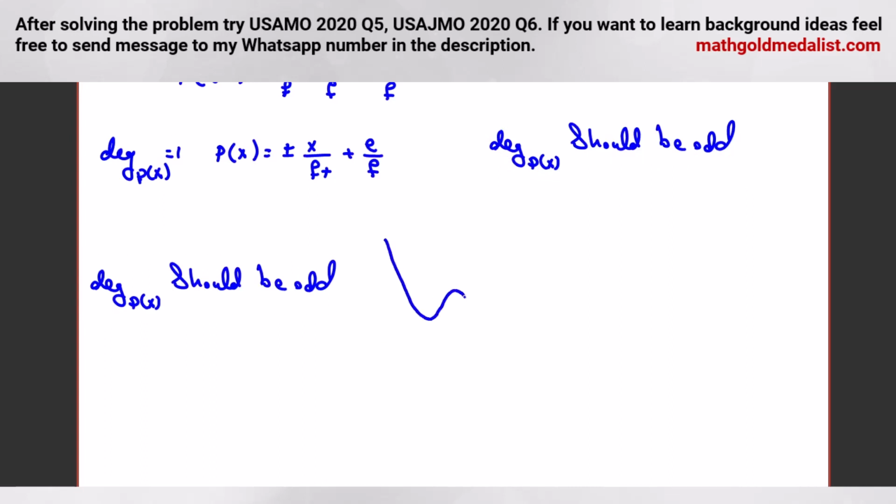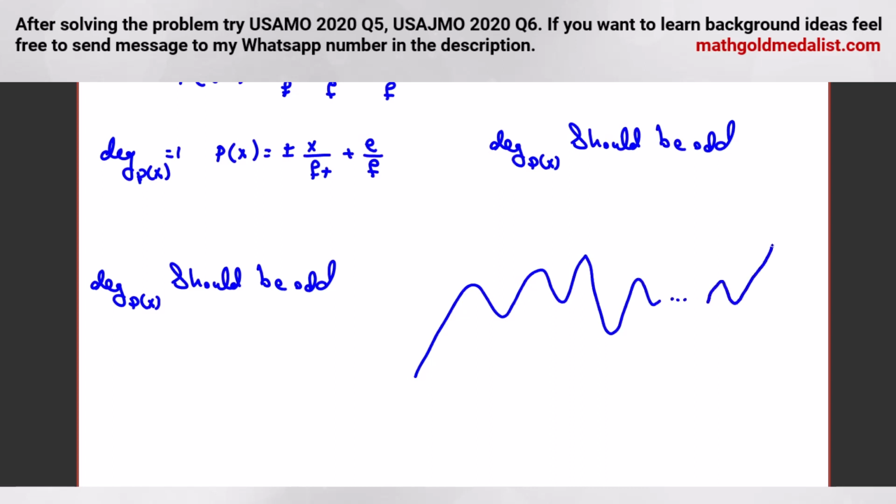We can consider it is something like this one, right? Because if it is not like this, we consider negative if it is something like this.